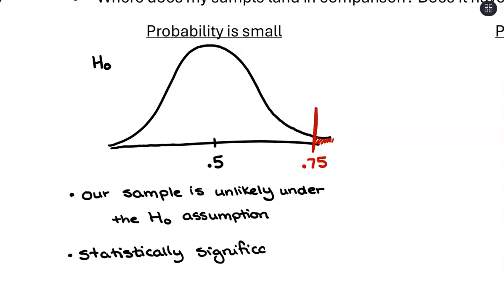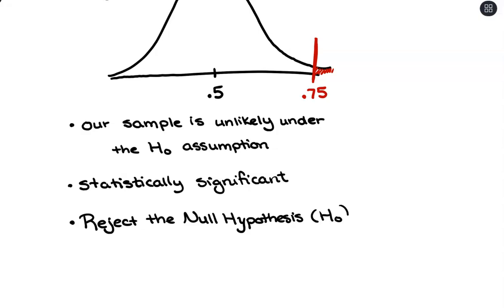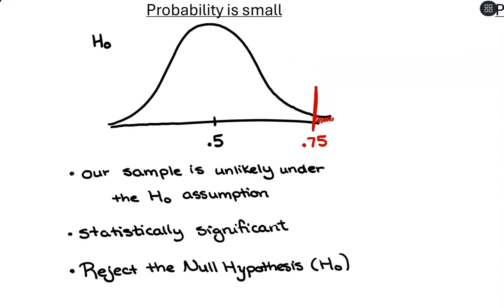Seeing such a low probability come through is statistically significant. And what that means we get to do here is we reject the null hypothesis. What we essentially do is say this null hypothesis just isn't correct for the sample we observed. We saw something so unlikely that we probably don't have a fair coin.